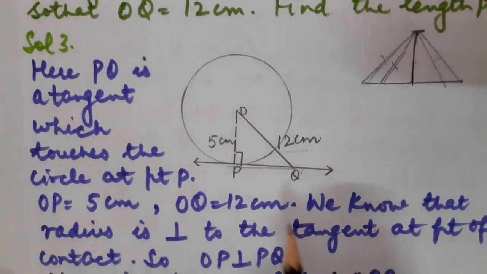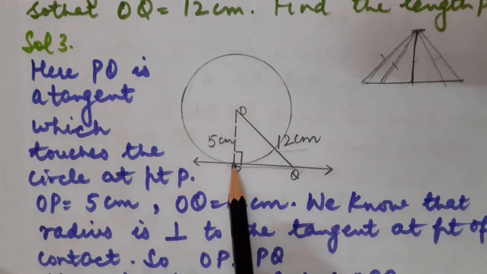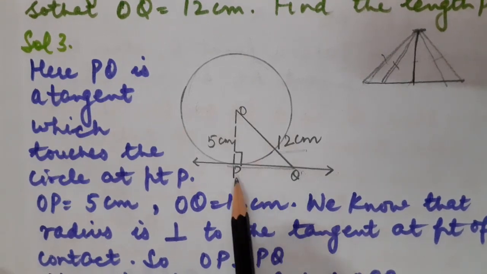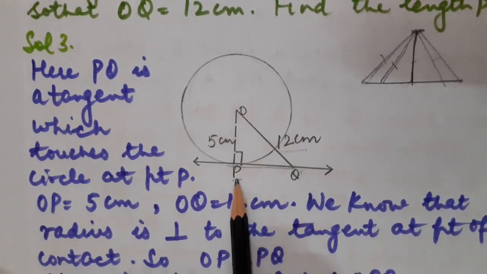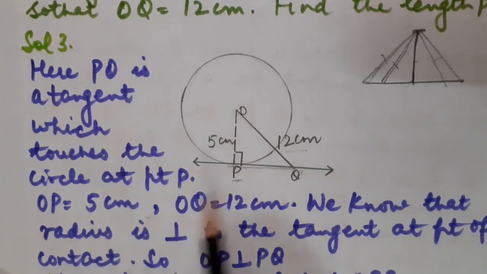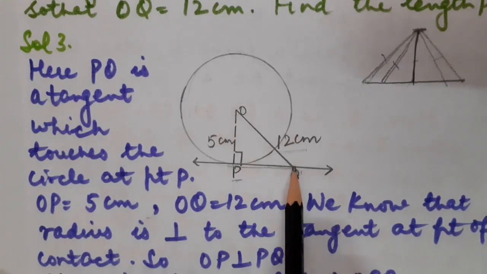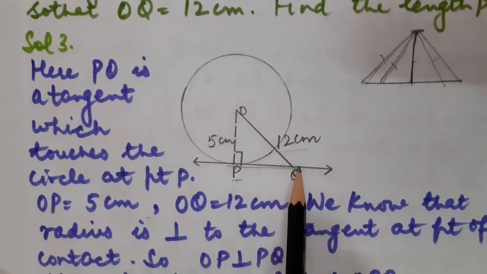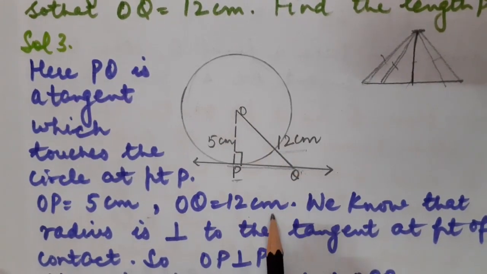Here you can see that PQ is a tangent which touches the circle at one point, that is point P, and this point P is known as the point of contact. Here OP is equal to 5 centimeter, and the distance between O and Q, that is OQ, is equal to 12 centimeter.